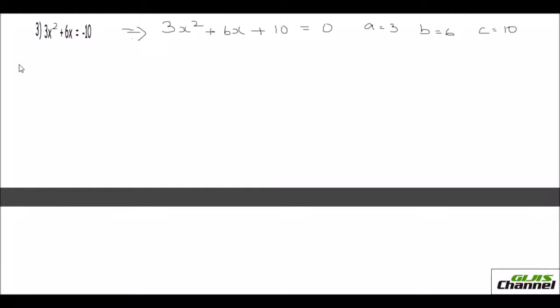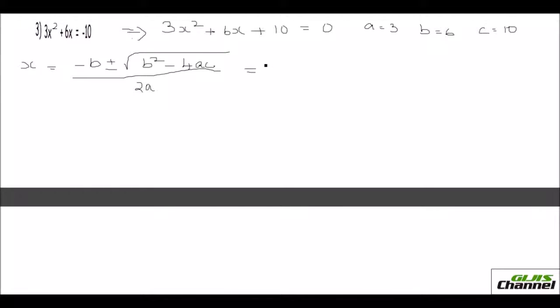The formula is x equals minus b plus or minus square root of b square minus 4ac, over 2a. Keep writing the formula for each question so that you can memorize it easily.